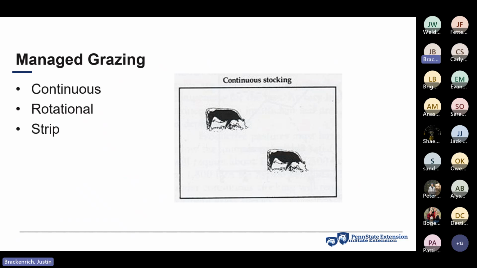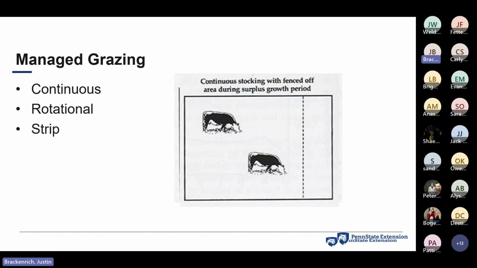That field itself isn't divided, but it's part of a larger system. And so we're quick to say, well, if this is continuous stocking, we're not doing anything good and we're affecting our system negatively. But that is still one of our management styles that we can do with grazing. We're going to talk about the negative implications that come with that, but it is something we need to consider.